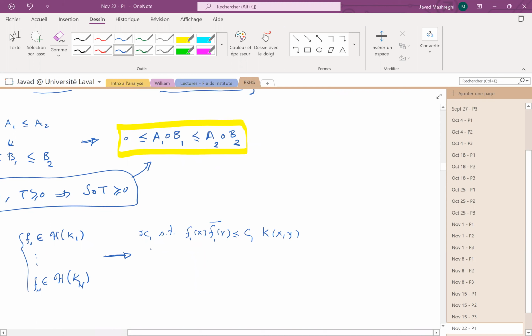The same for F2 and the same for Fn. And of course, this is positive. Fn(x) times Fn(y) conjugate is less than or equal to Cn K(x, y).